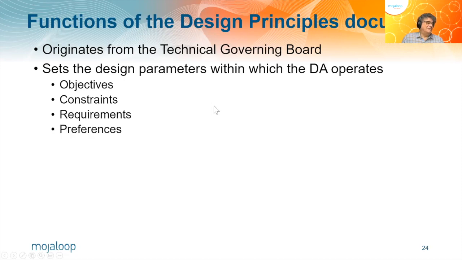I say requirements and preferences because there will always, in architectural discussions, be things that we absolutely do require, things that you must do if you are developing things which are intended to form part of the Mojaloop platform, and also things that, in our belief, when I say our, of course, I have no viewpoint which is separate from that of the Technical Governing Board, but this is actually a viewpoint of the Technical Governing Board.